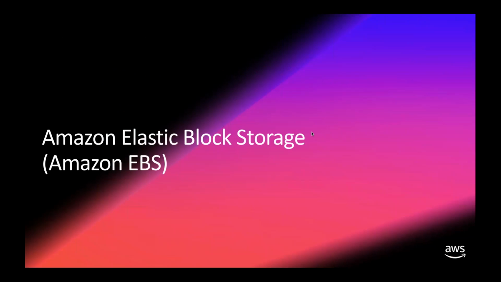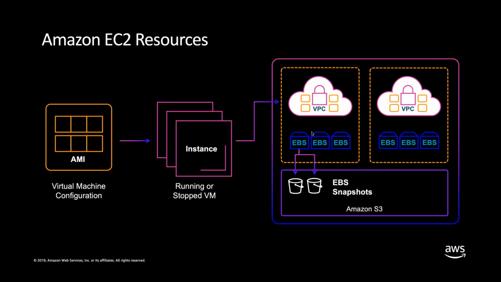Okay, first, I will start with Amazon block storage, or EBS. Basically, EBS is a hard disk for your cloud services. In this diagram, we have the virtual machine.